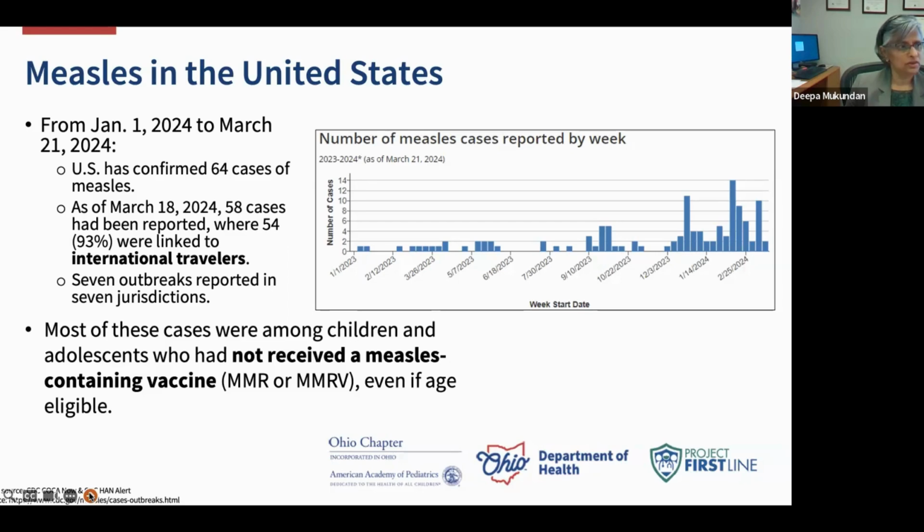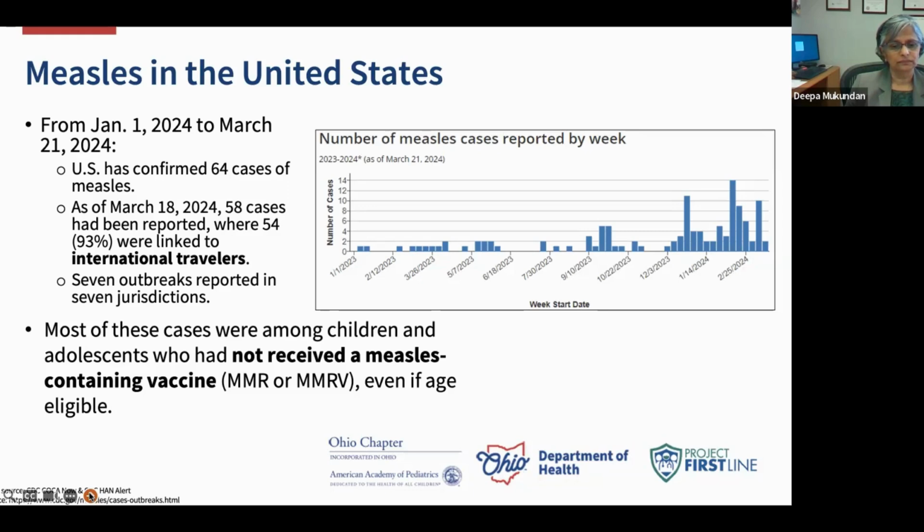So just make sure that your patients are vaccinated against measles. Like it was mentioned initially, one dose protects you about 93%, and then 2 doses is almost 97 to 98% protection. So just make sure all your patients are up to date on their vaccines.